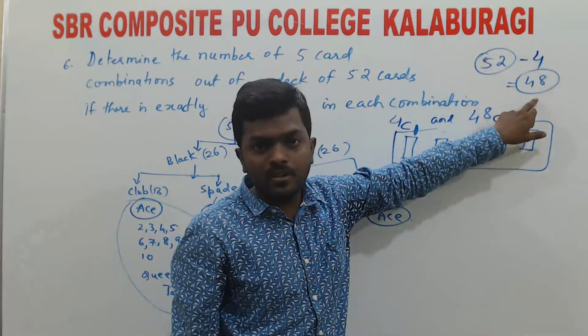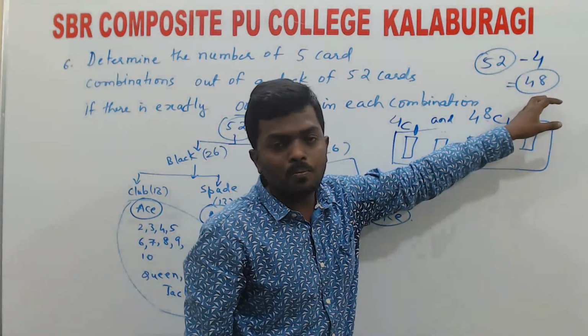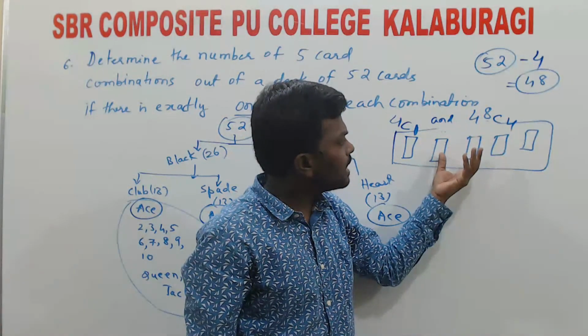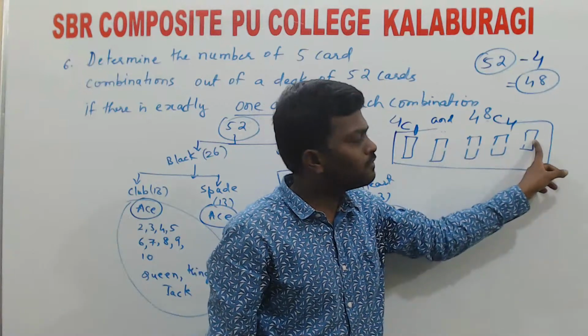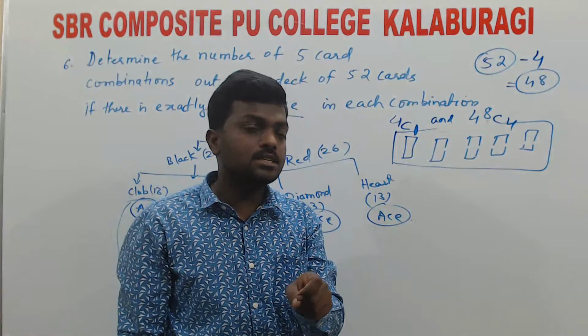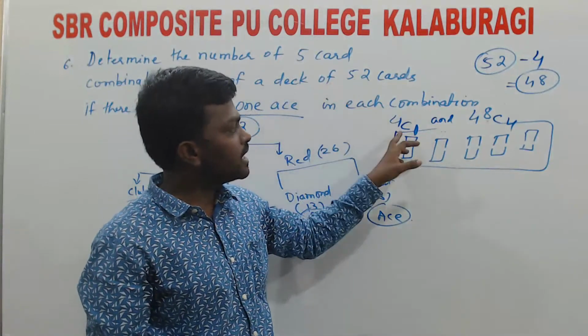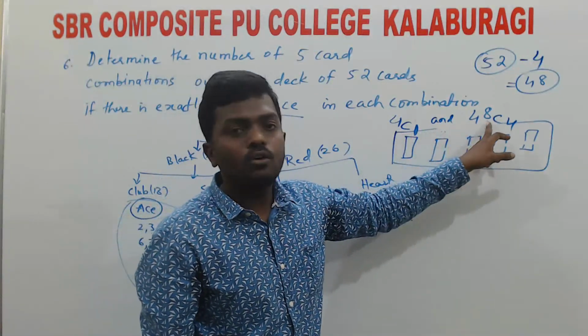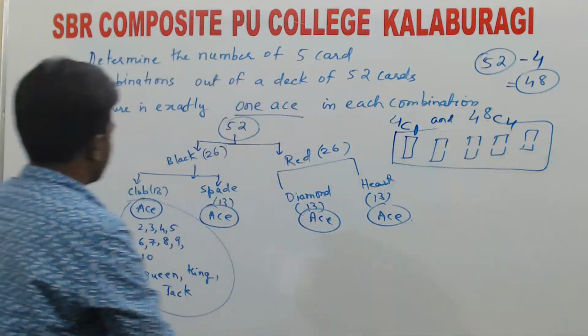How many are left? 48. These 48 can be taken 4 at a time because there are still 4 places left. So the total number of ways in which exactly one ace is possible in the 5 card combination is 4C1 into 48C4.